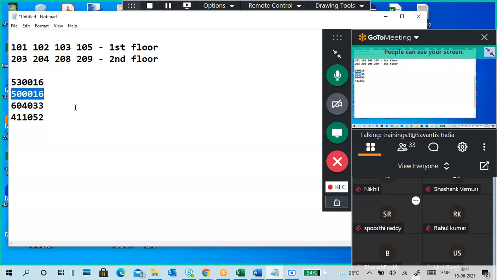This is some place in Hyderabad. This is some place in Visakhapatnam. 6 means Tamil Nadu side. Bangalore also 5, as I remember. Because of British rule, we still follow pin numbers based on British rules.